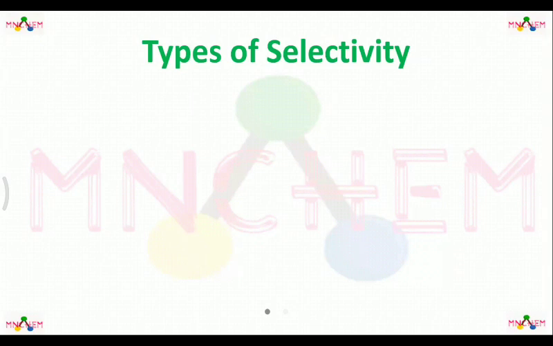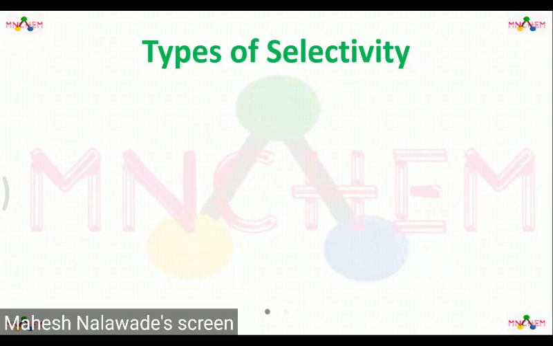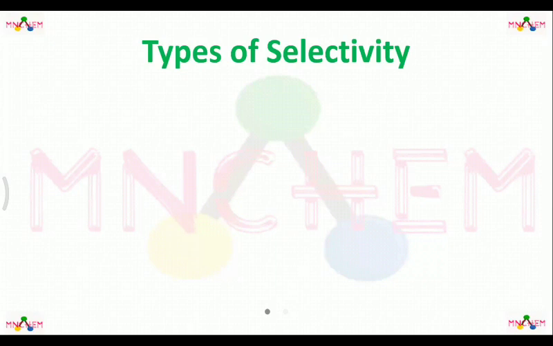So selectivity is classified according to the functional group which is undergoing reaction, the site in a reactant molecule that undergoes reaction, or the stereochemistry which we want to achieve in the product.